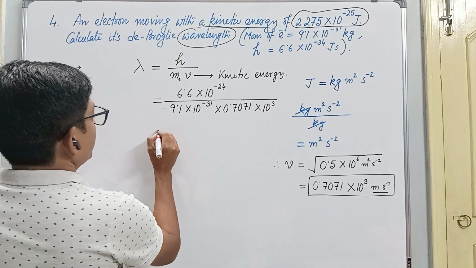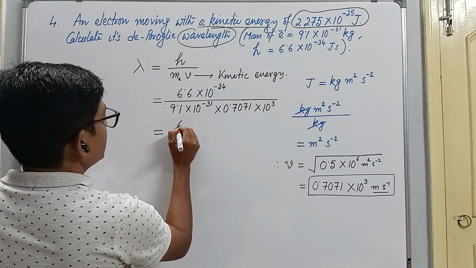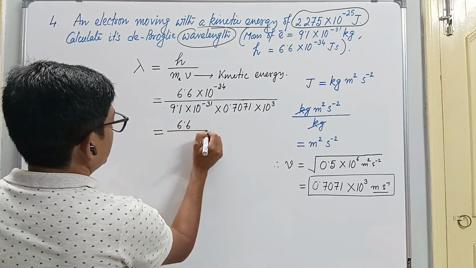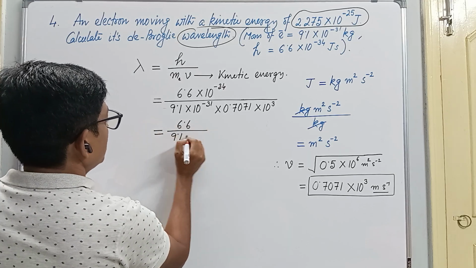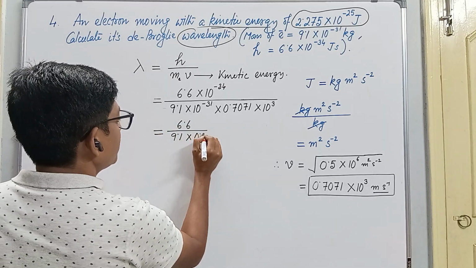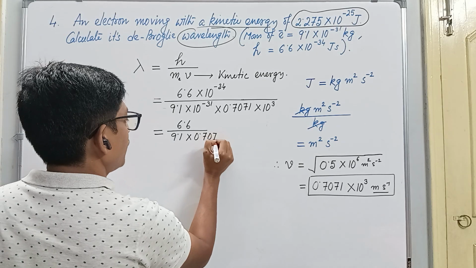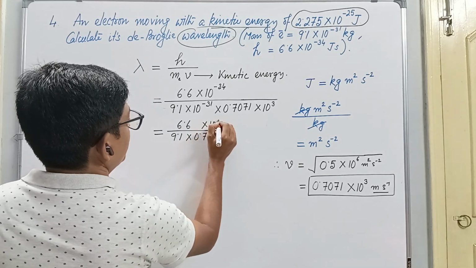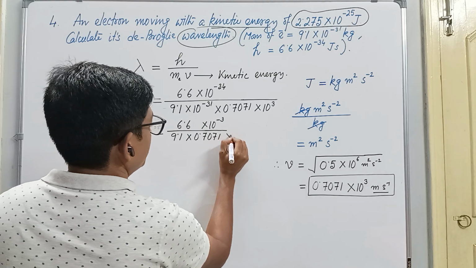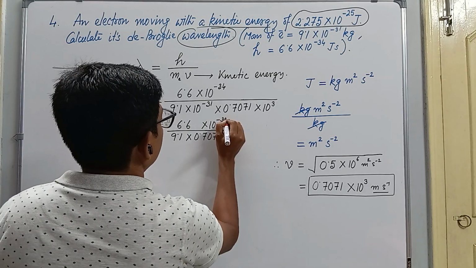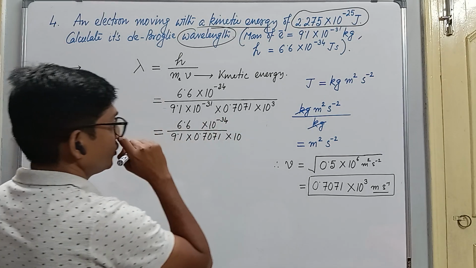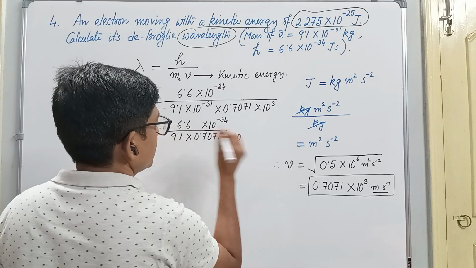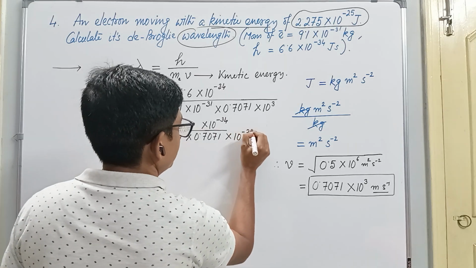Okay, so we can write 6.6 divided by 9.1 into 0.7071. Let me put the 10 to the power minus 34, here it will be into 10 to the power 34, here it will be 28 minus 28.